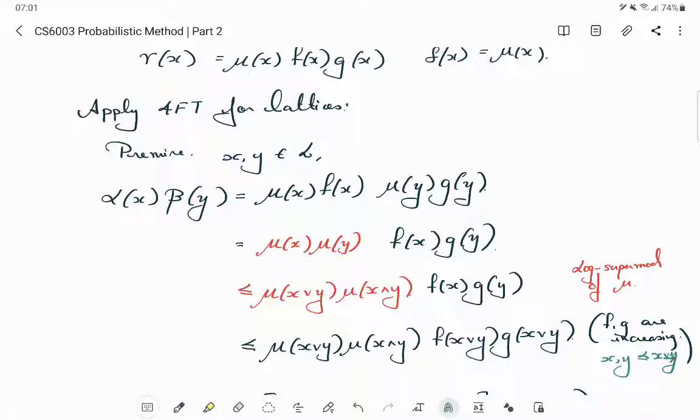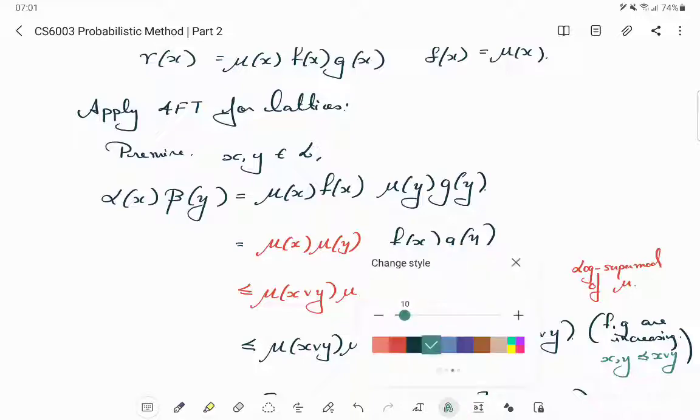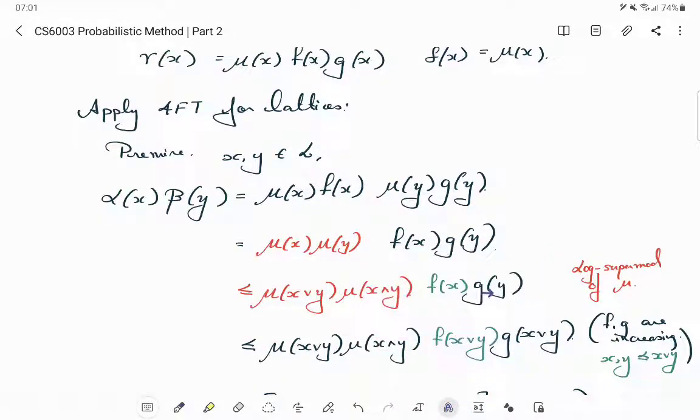Okay, x precedes x join y, so f of x has to be less than or equal to f of x join y, because f is increasing and x precedes x join y. Similarly, if you consider g of y, y precedes x join y and g is increasing. So g of y will be less than or equal to g of x join y. Okay, so we have used the fact that f and g are increasing at this stage.